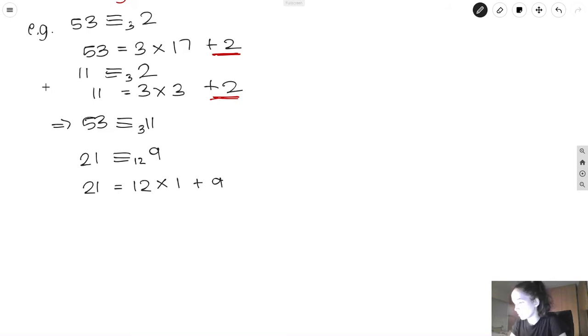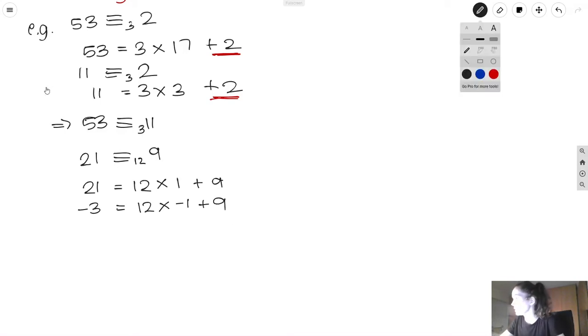Another thing you can note is that you can also say, let's write the number minus 3 as well. So minus 3 is equal to 12 times minus 1 plus 9. So in other words, you see once again this also leaves a remainder of 9.